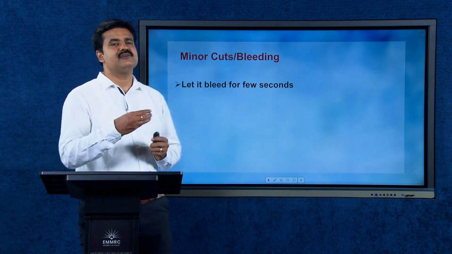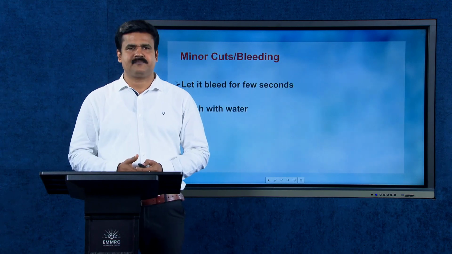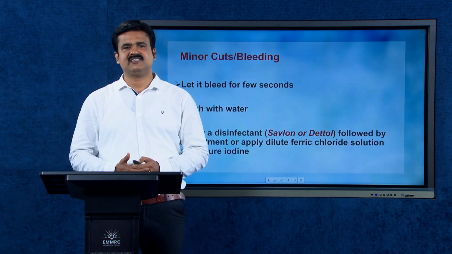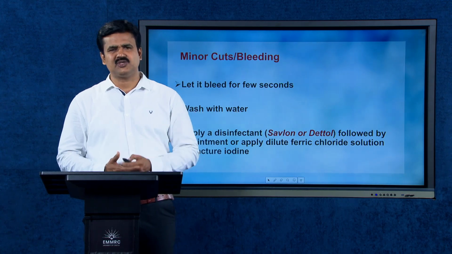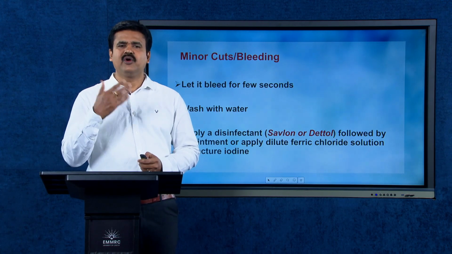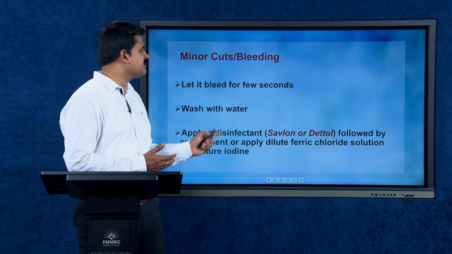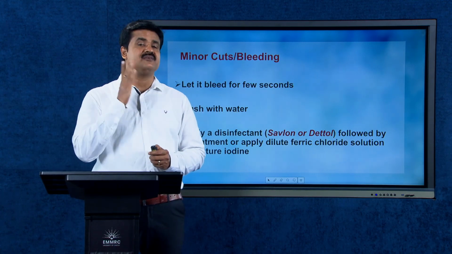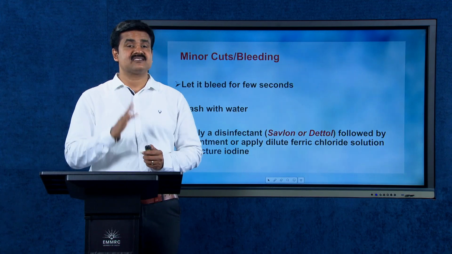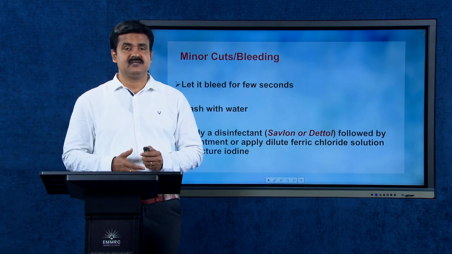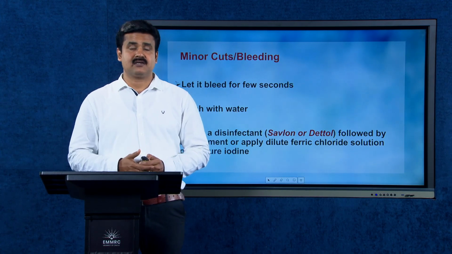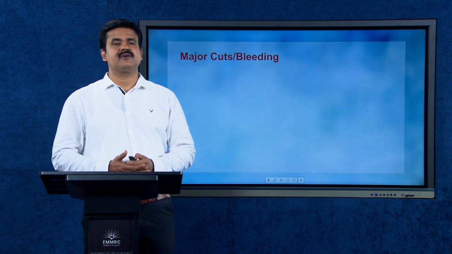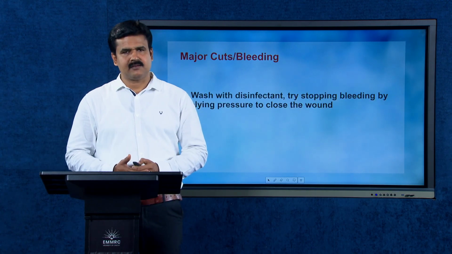Let it bleed for a few seconds. Wash with water. Apply a disinfectant like Savlon or Dettol, followed by an ointment, or apply dilute perchloride solution or tincture of iodine. Keep in mind that dilute perchloride is highly able to prevent bleeding from minor cuts.